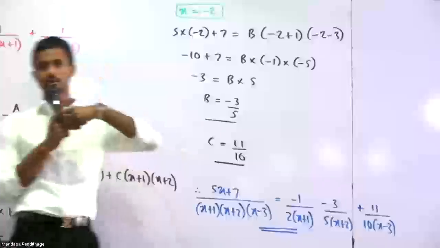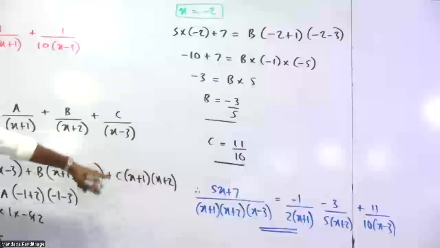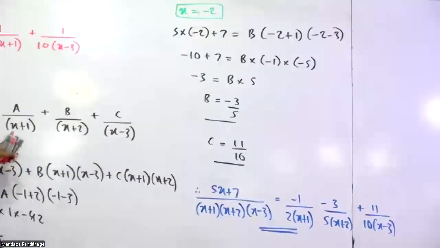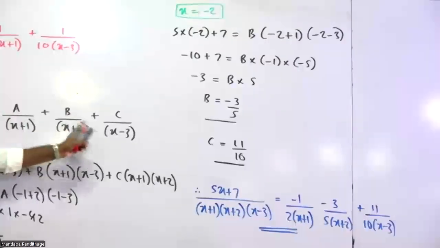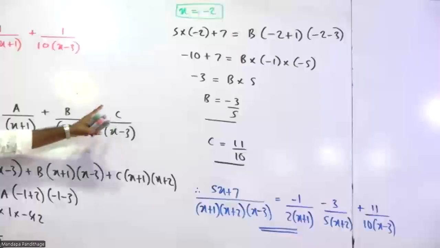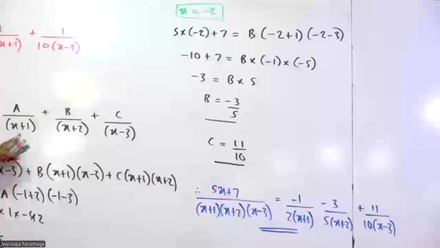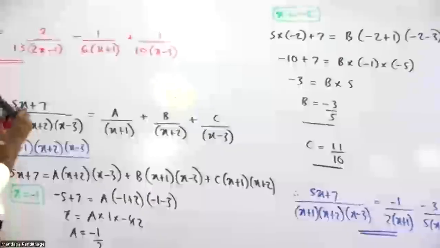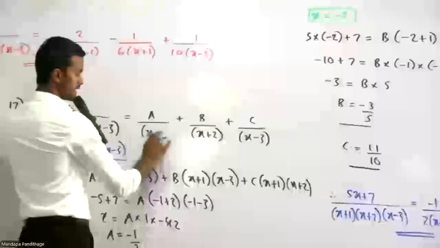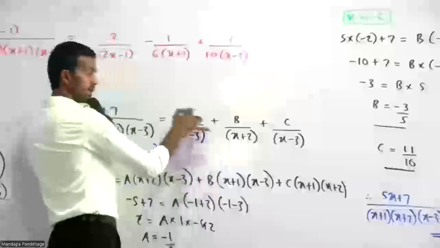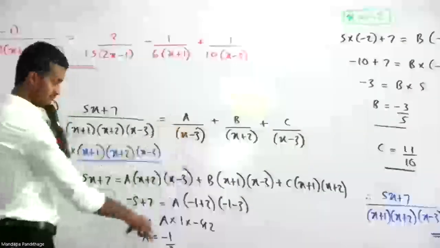Okay. Now this is the thing. I'm getting these a, b, c values because the numerator of x plus 1 is a, x plus 2 is b, and x minus 3 is c. Now let's say someone has changed those. Say you write x minus 3 first and take the numerator a. Will this a be minus half?